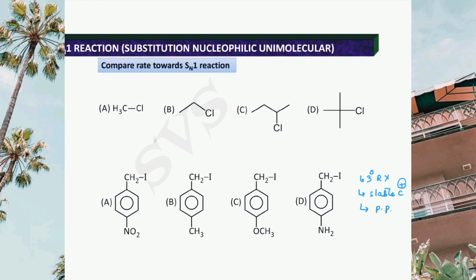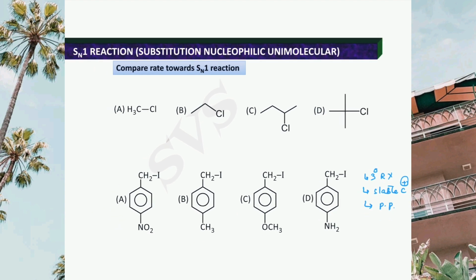So a question: SN1 reaction, compare the rate of SN1. This will be primary, this will be ethyl, this will be secondary, this will be tertiary. So therefore, very important, this will be more reactive towards SN1.